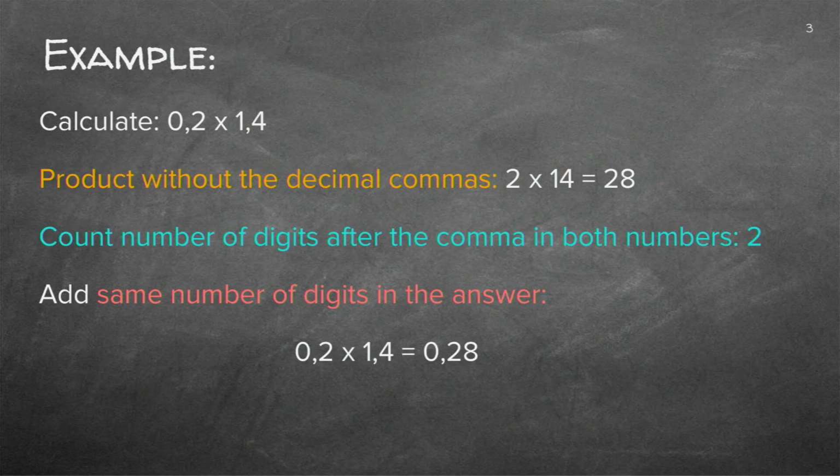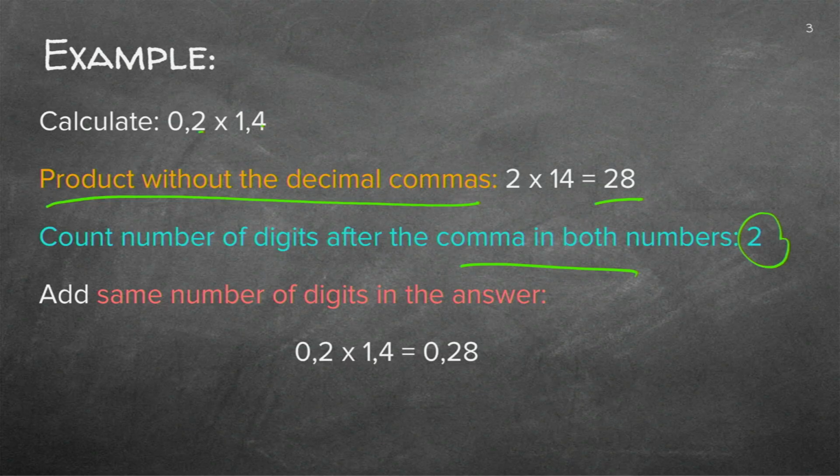Right. Okay, so say we have to calculate 0,2 times 1,4. We're first going to find the product without the decimal commas. So 2 times 14 is 28. Then we're going to count the number of digits after the comma in both numbers. This is very important. So it is 1, 2.